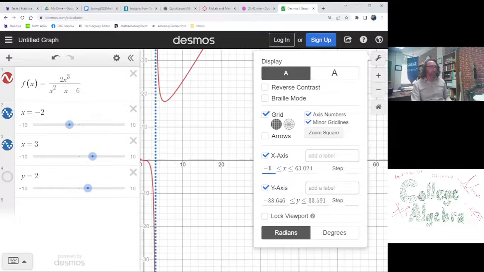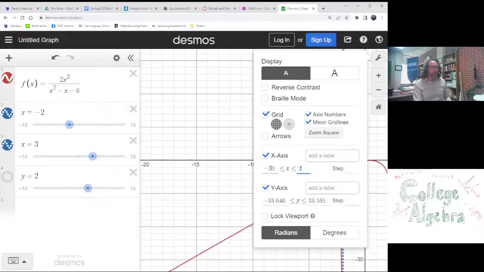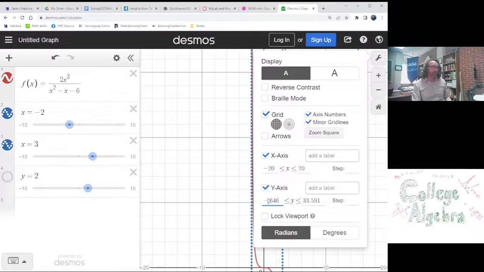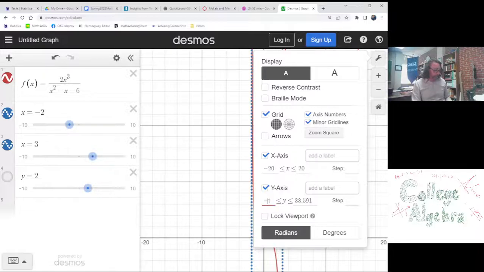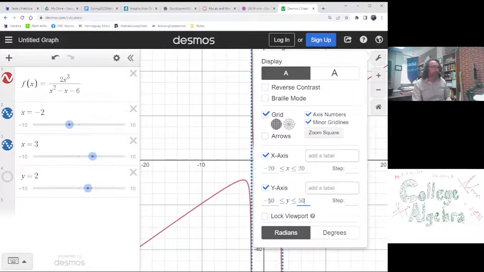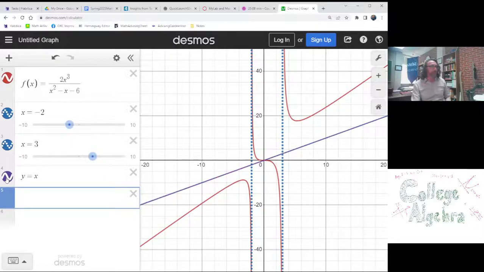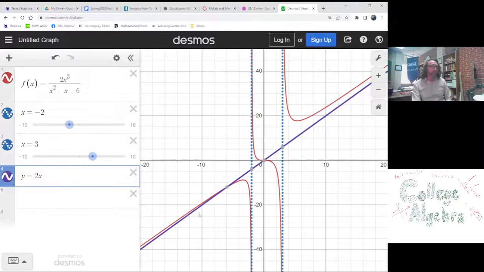Let's go with x being minus 20 to 20, and y being, I don't know, minus 50 to 50. I bet that'll give me a nice view of what's going on here. Okay, so this graph isn't flattening out to a horizontal line. In fact, this is actually flattening out toward the line y equals x. Let me turn that on. Oh, no. Sorry, y equals 2x. Okay, it kind of flattens out and becomes more and more like that.